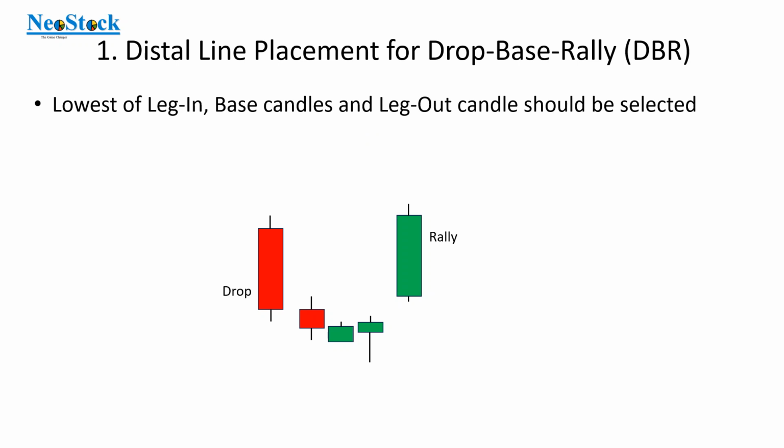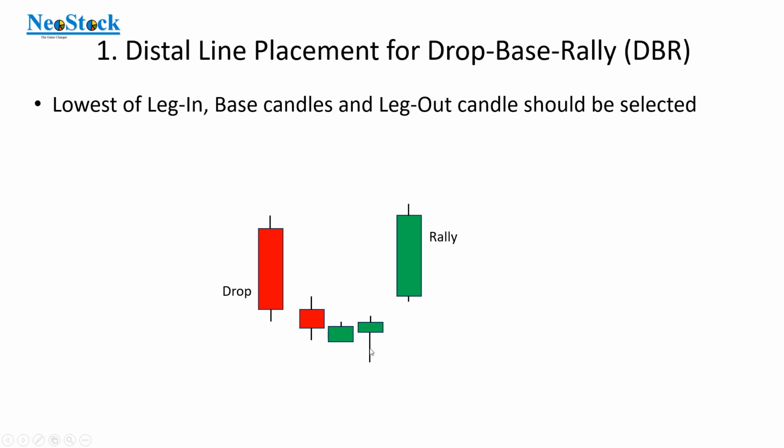Your distal line should be placed at the lowest of the leg-in, base candles and leg out. Whichever has the lowest, that should be the distal line. Among all these five candles, which one has the lowest?